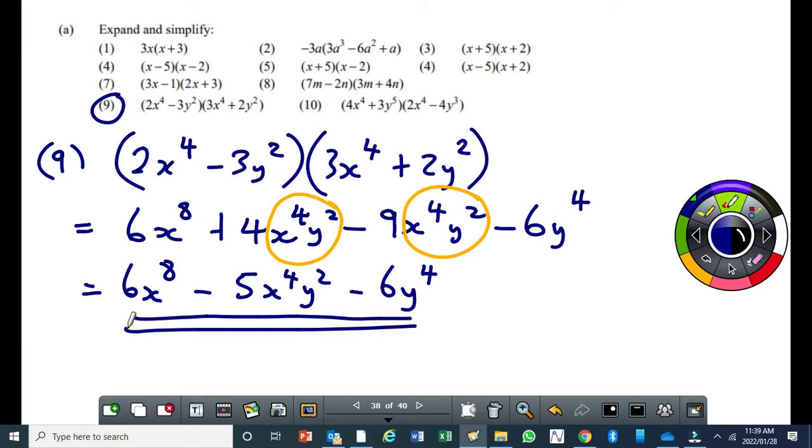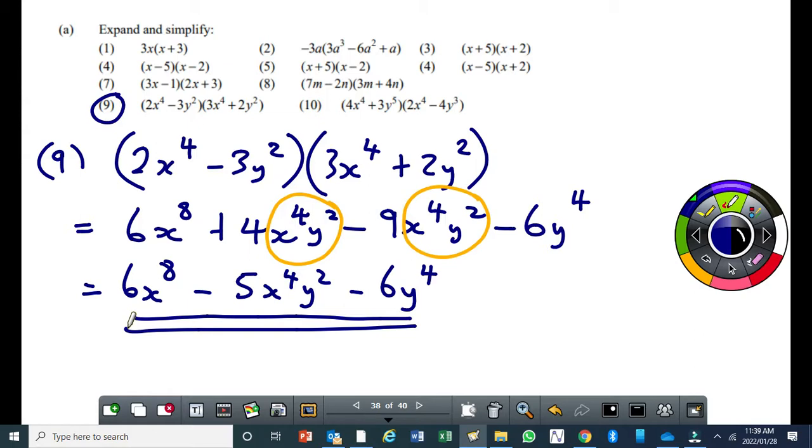The exponents don't cancel each other. If they are like terms, you just add them or subtract them. You don't touch the exponents if you are adding. You only concentrate on the coefficients. The coefficient changes, but the exponents and the letters don't change. Do you understand what I'm saying?